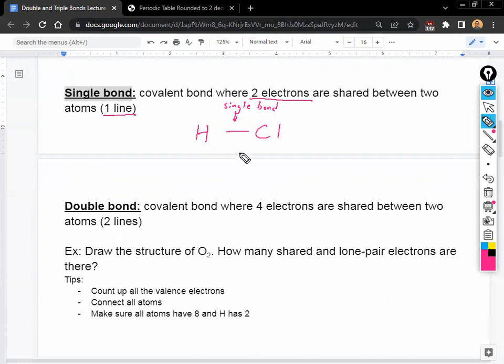Now, a lot of times we're going to have to draw structures where we use a different type of bond, just because we won't have enough electrons to make sure everybody has 8 otherwise. So that's where something called a double bond comes in. And that's the first thing we're going to talk about today, a double bond. If a single bond is 2 electrons and 1 line, a double bond is going to be twice that.